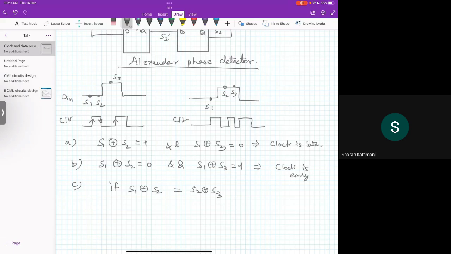Okay, and if this is the case, then no transition has occurred. Okay, no data transition.